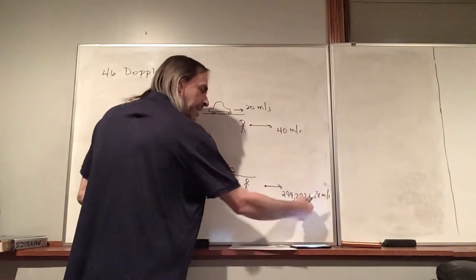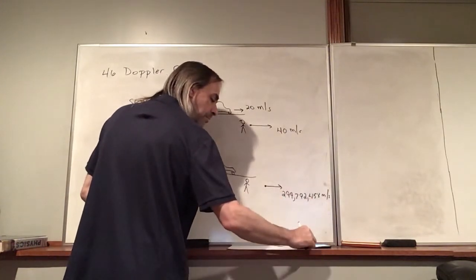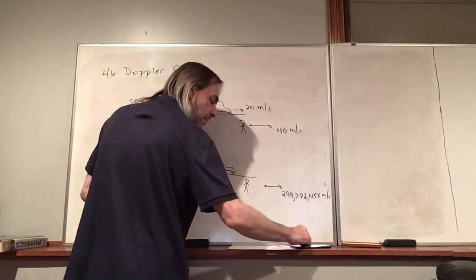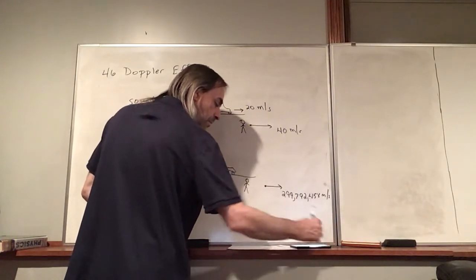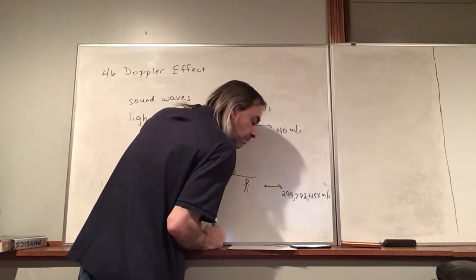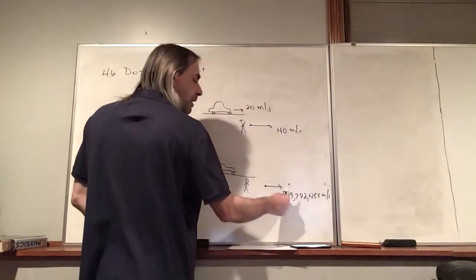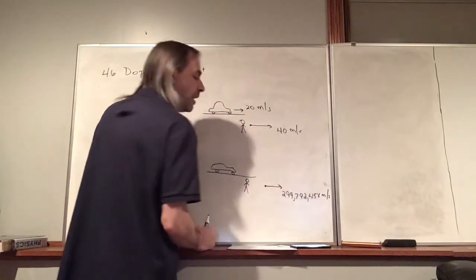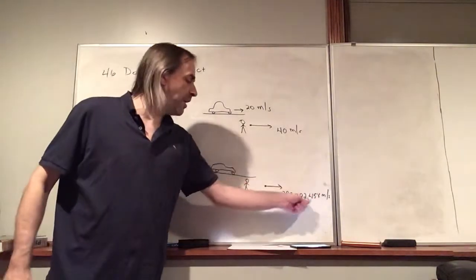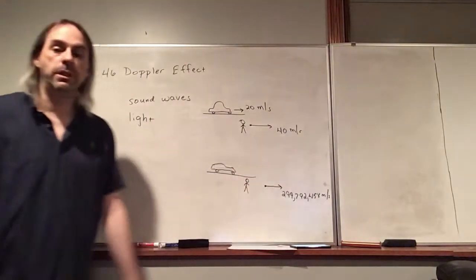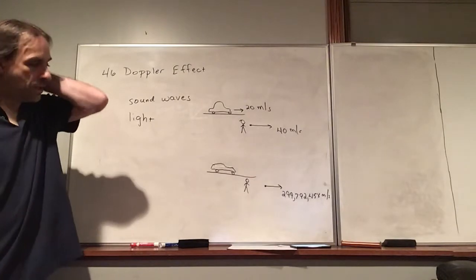Let me just double check. I always get these mixed up. Yeah, 299,792,458. Sometimes I think the 458 goes in the middle and 792 at the end, but yeah, that's the right answer.